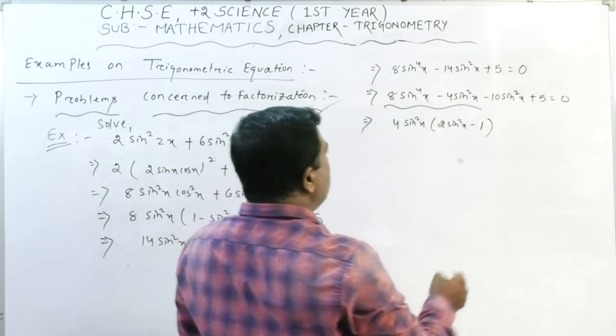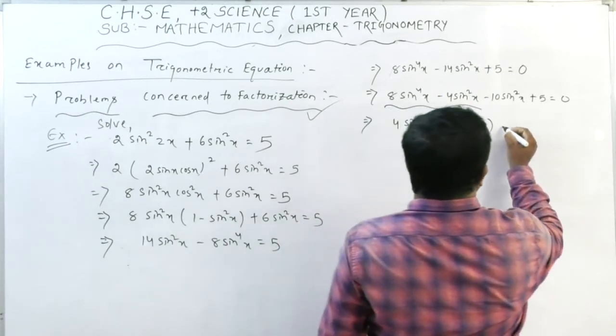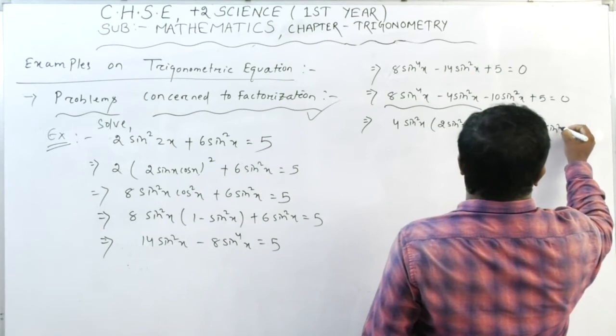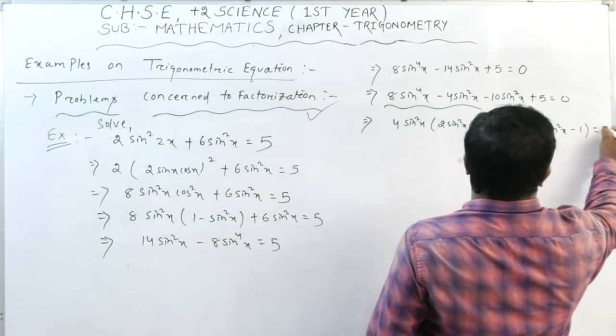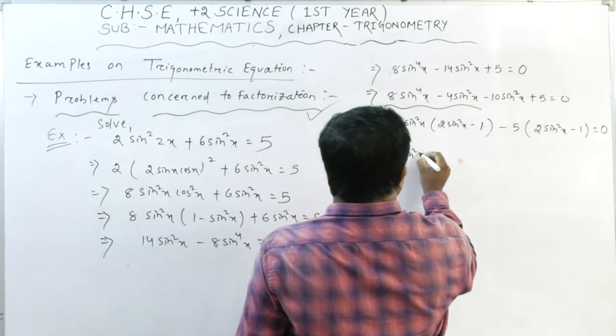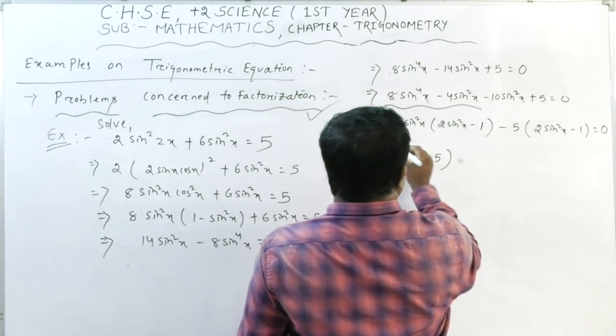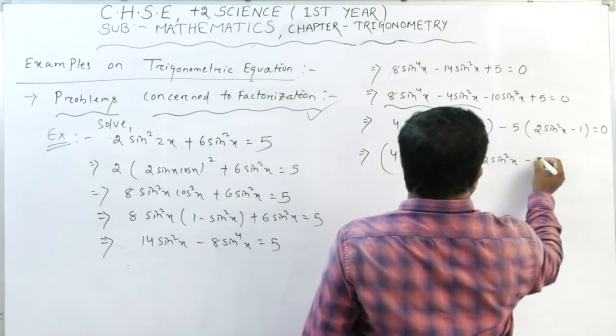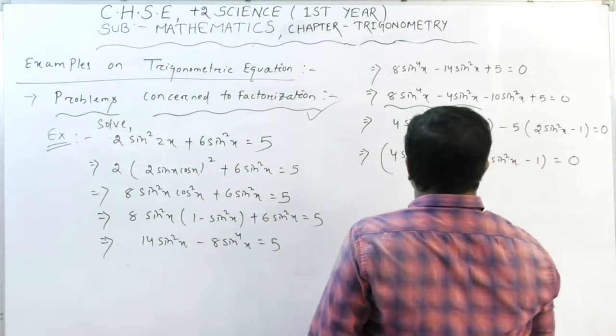Clear? And minus 5 is taken common, so it is 2 sin square x minus 1 is there. So we can say 4 sin square x minus 5 and 2 sin square x minus 1 equal to 0.